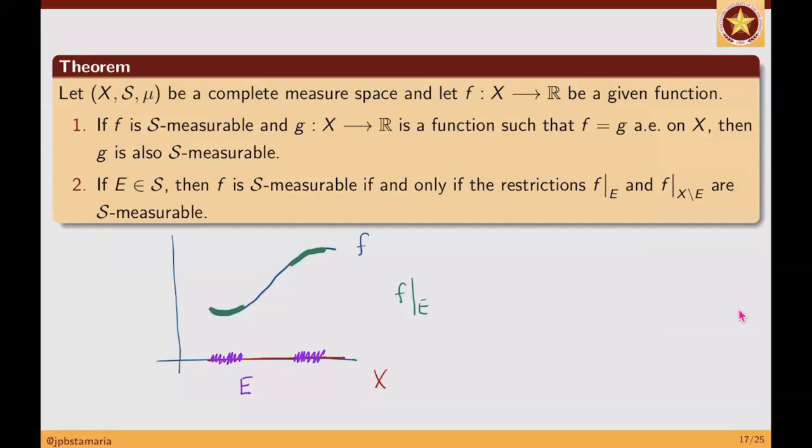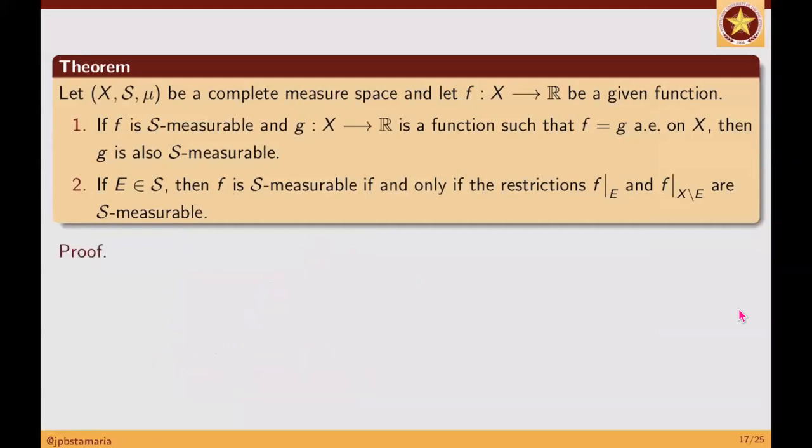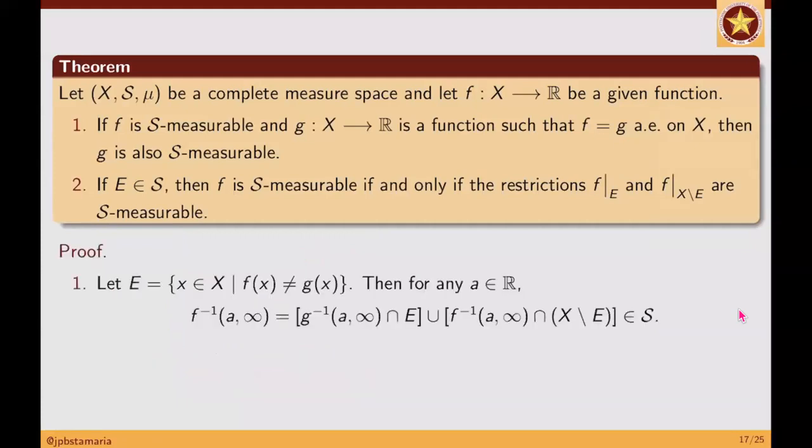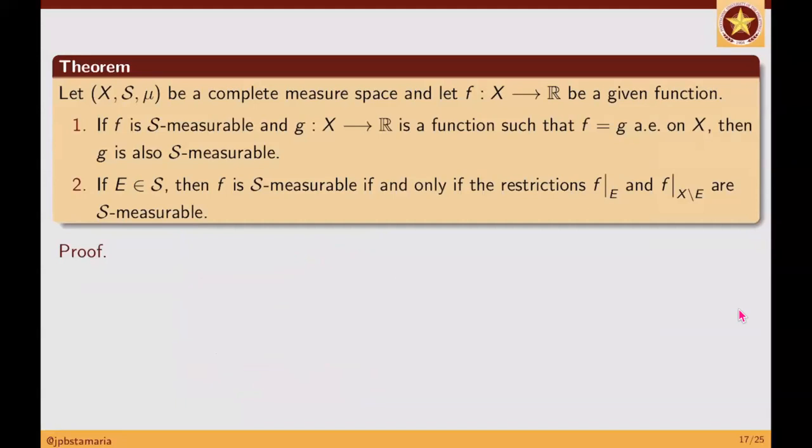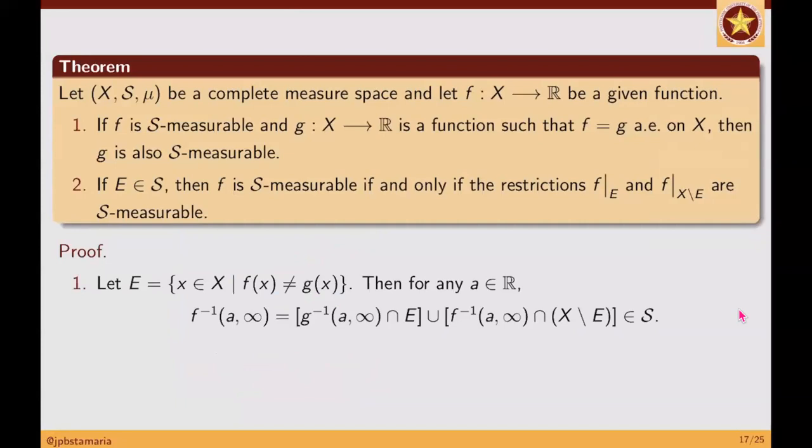Okay, so how do we write a proof for number 1 and number 2? Ganito. Sige, ganito. Isusulat, tatawagin natin E, yung set of all X where, so number 1 tayo ha.